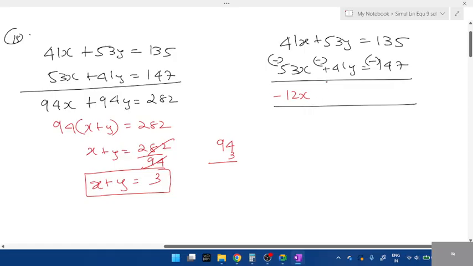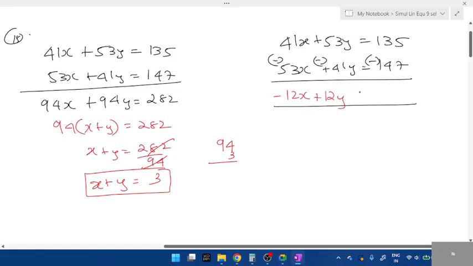Tell me this, Vishnu. How come 12? Why minus 12? Why? You're not concentrating. You're silent. How will you learn that? What is 53 minus 41?